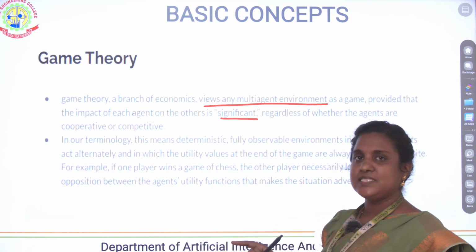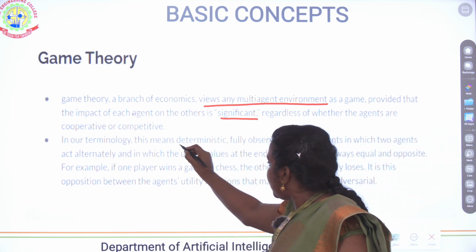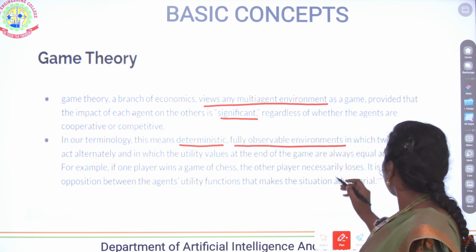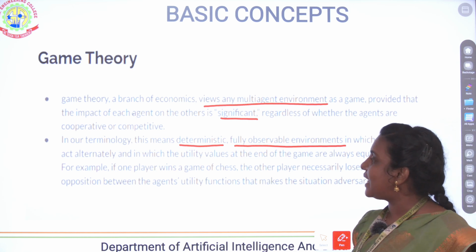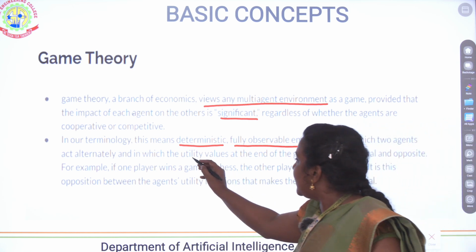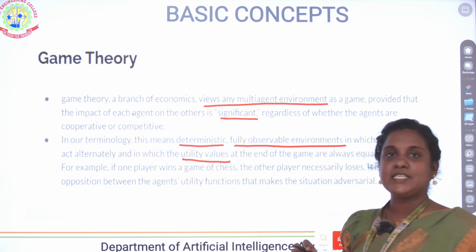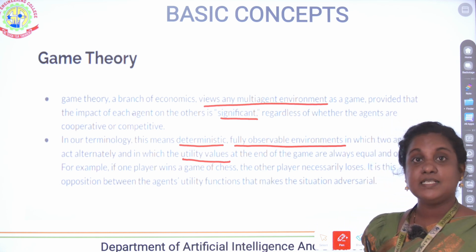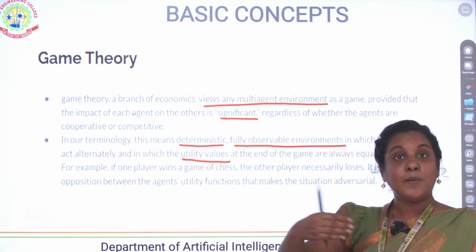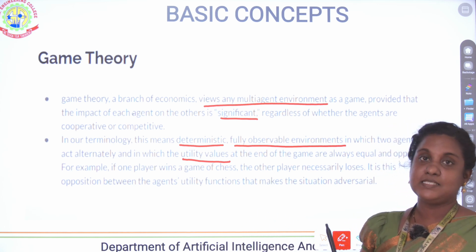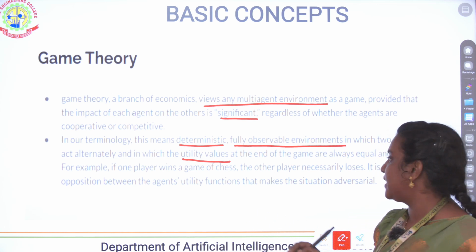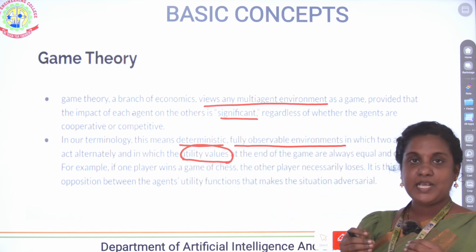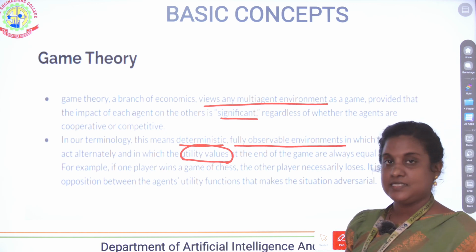So in our terminology, game theory means a deterministic, fully observable environment in which two agents act alternately and in which the utility values will be affected based on the decision the player takes, and also by what decision the competitive or opponent player is going to take. So utility values or payoff values will be affected based on the players' decisions.